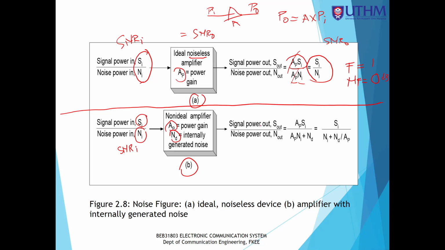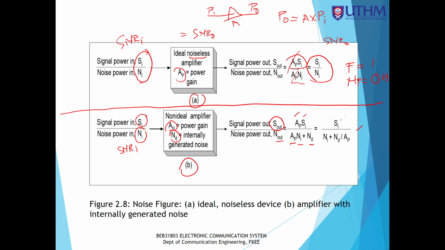So what happens at the output? The output signal power S out is equal to the gain multiplied with the input signal power, APSI. What happens to the output noise power? The output noise power N out is equal to the gain AP multiplied with the input noise, plus the additional noise produced by the amplifier. If you divide by AP, you get like this.